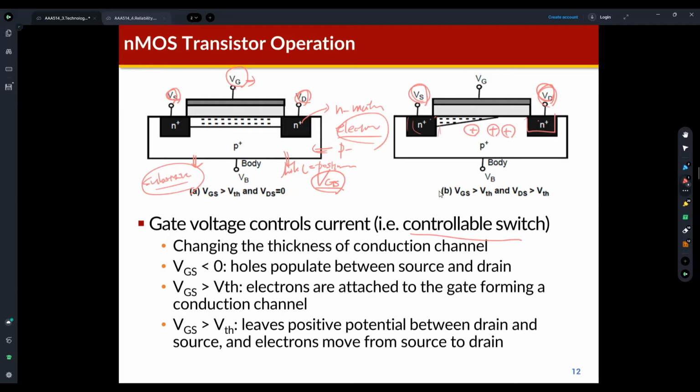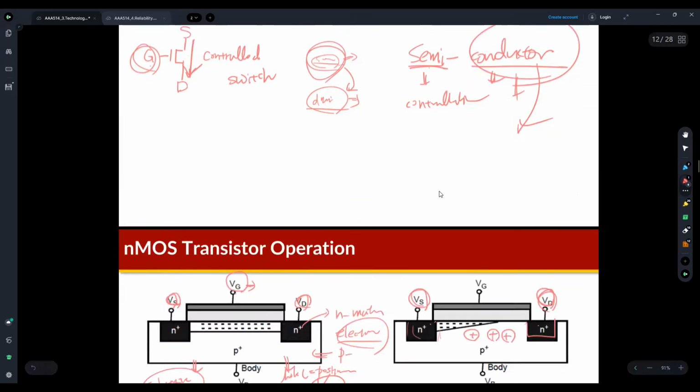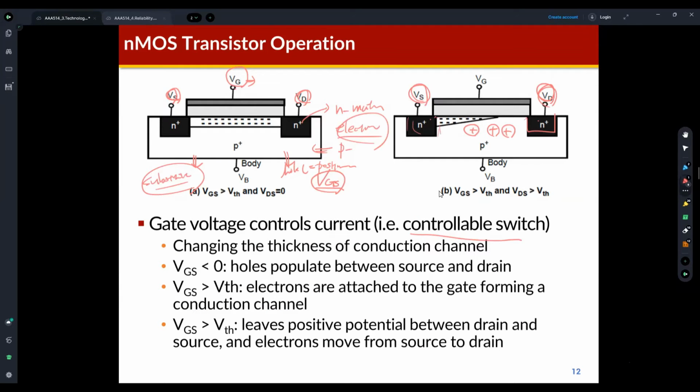What is the property of a conductor material? We learned this property in high school, maybe high school physics. A conductor material has many free electrons, which means the electric charge can go through it.